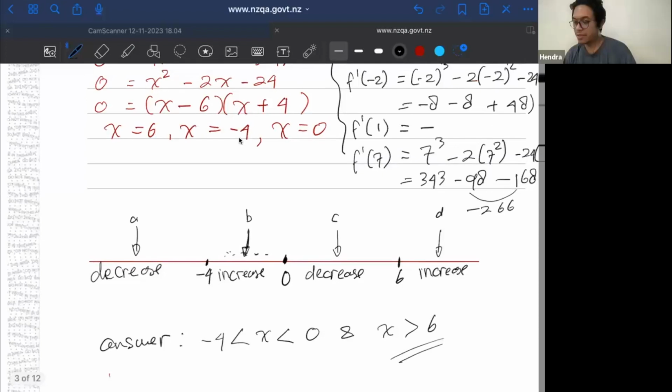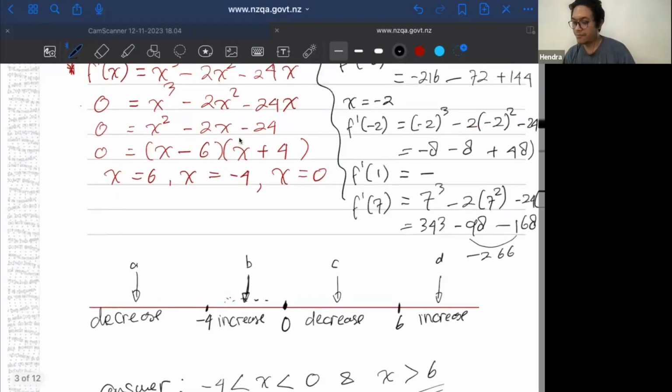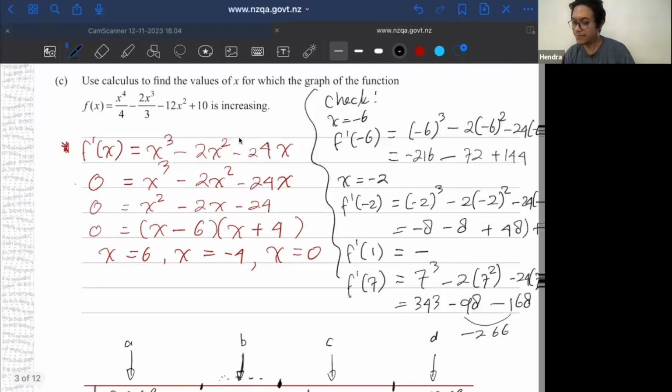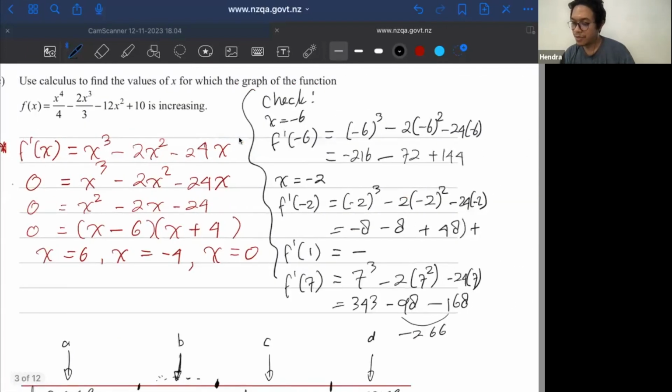For example, when we choose x equals -6, we get negative 216, 144, like 72 minus 72, like -70, right?